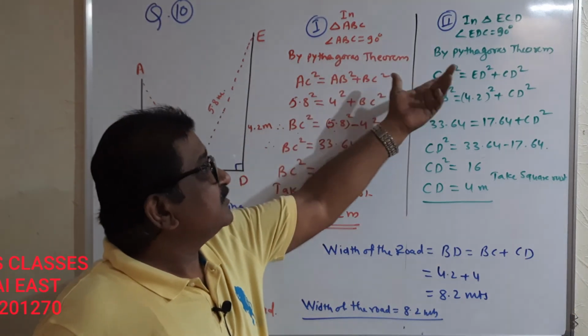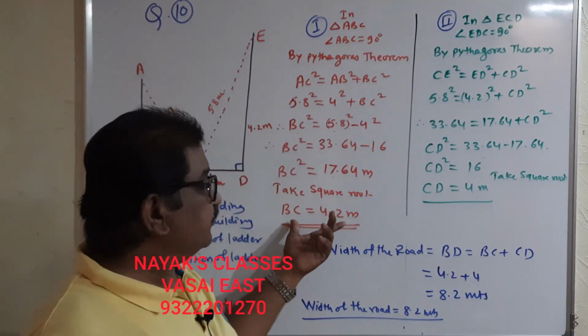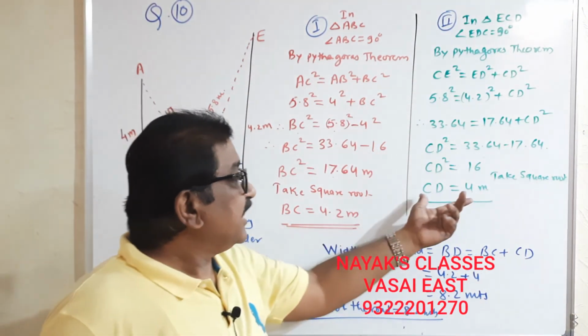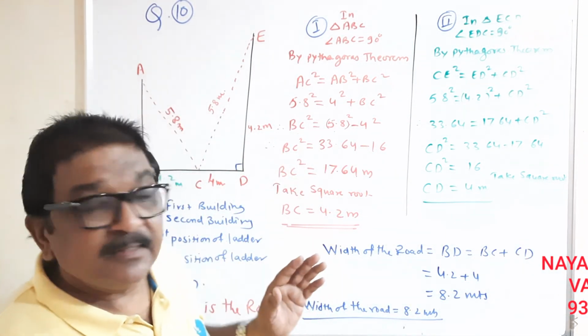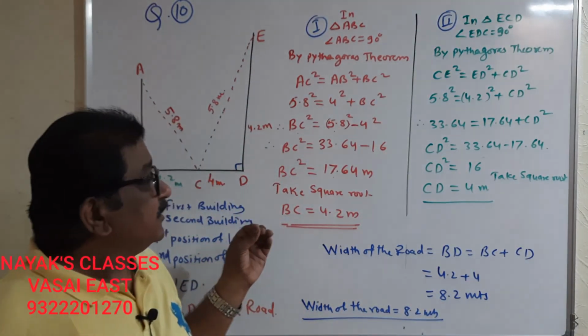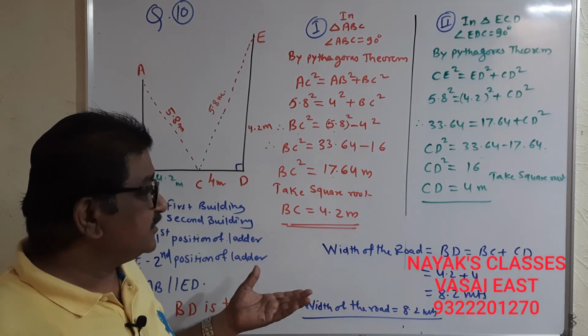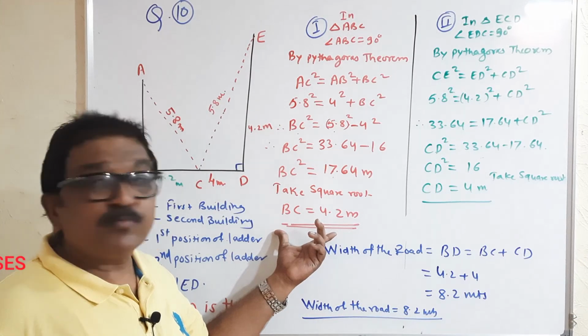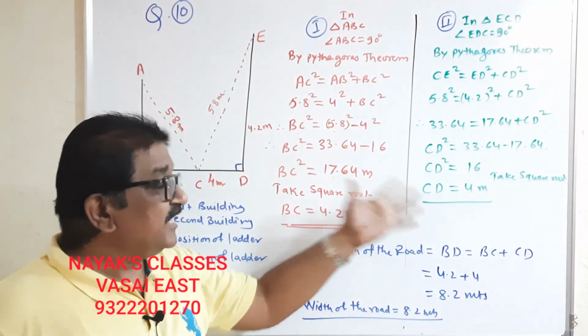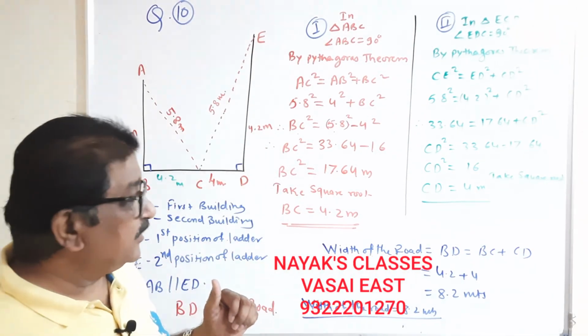Applying Pythagoras theorem simply, we got two measurements BC and CD. They have given nice numbers which will help each other, so calculations are easy, and we got BC is 4.2 meter and CD is 4 meter.